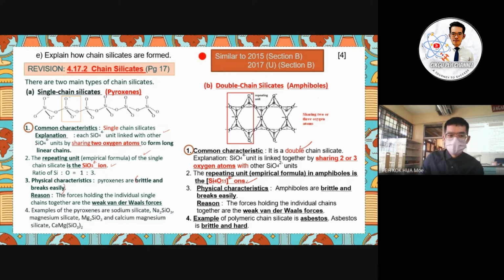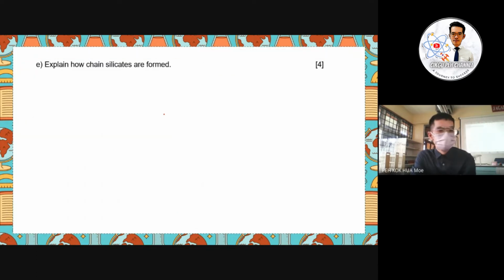So you have to discuss that the single chain will be sharing 2 oxygen atoms, and the common characteristic for the double chain will be sharing 2 or 3, and then we have to give the repeating unit. So you can see, we memorize the same thing, but the way to apply it in the question is sometimes different. Actually, the answer is the same, but the way the question is asked is different.